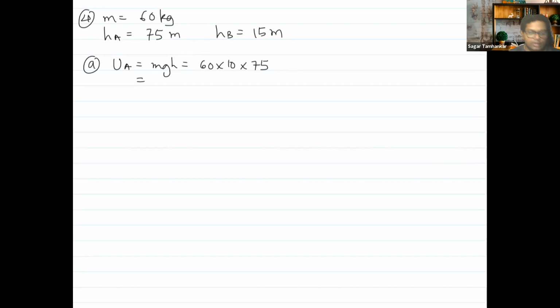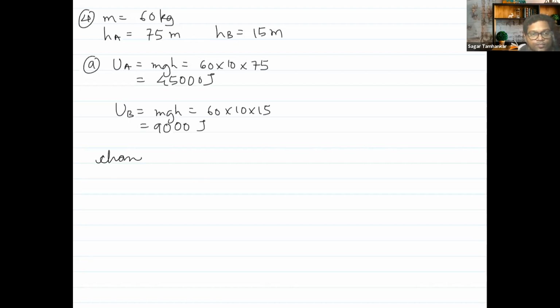So that will be 45,000 joules. And potential energy at B will be mgh, 60 into 10 into 15. So that will be 9,000.